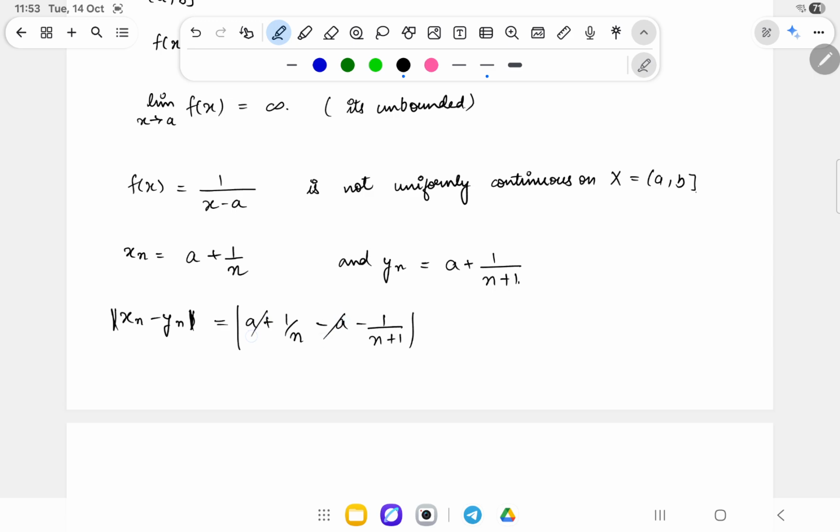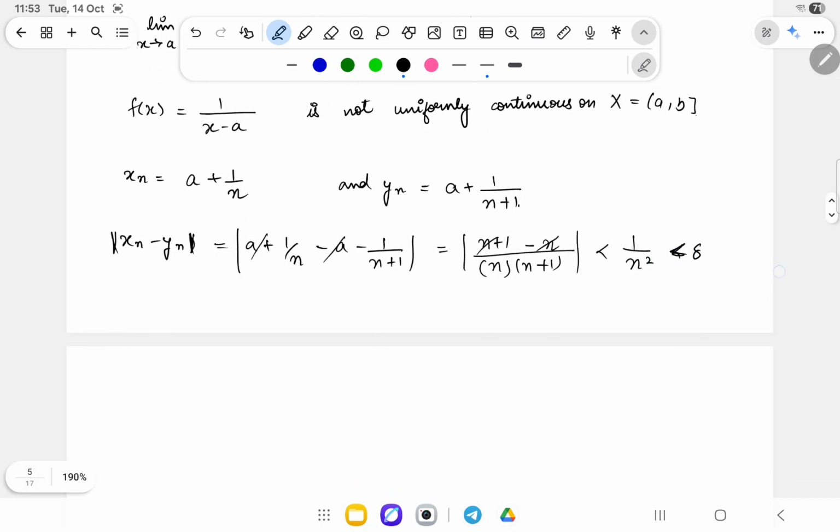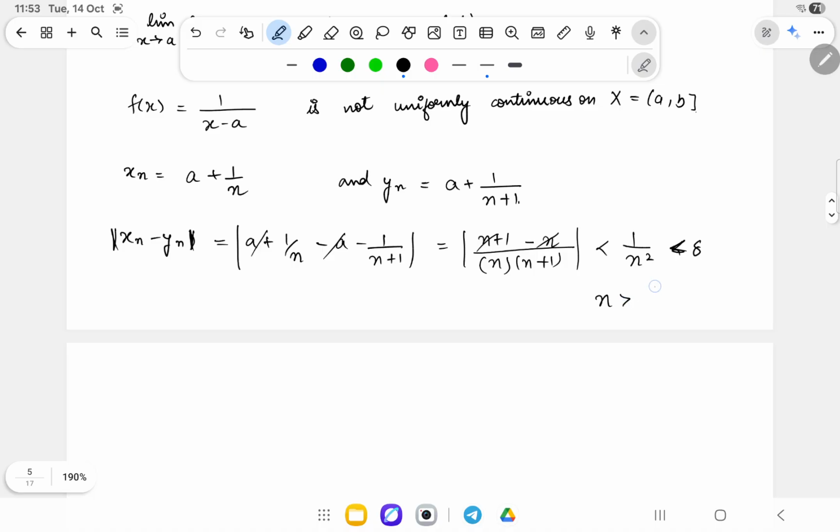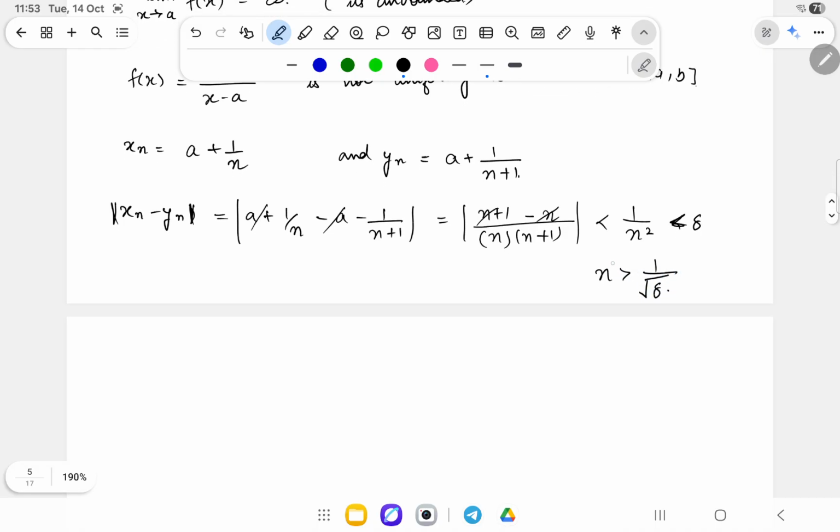And it simplifies to (n plus 1 minus n) divided by n into (n plus 1), and this is less than or equal to 1 by n square. And if this is less than delta, then n should be greater than 1 by delta. So I got a positive delta such that these conditions hold.